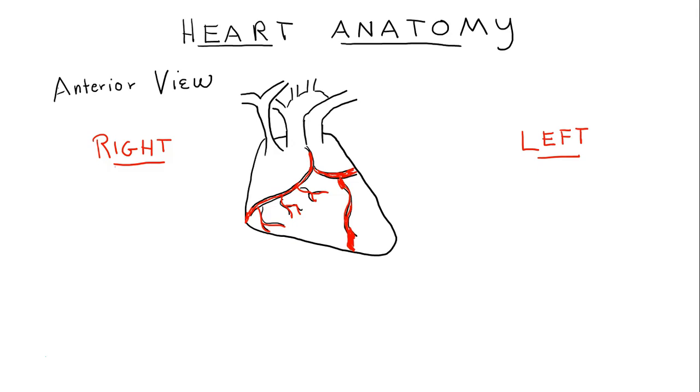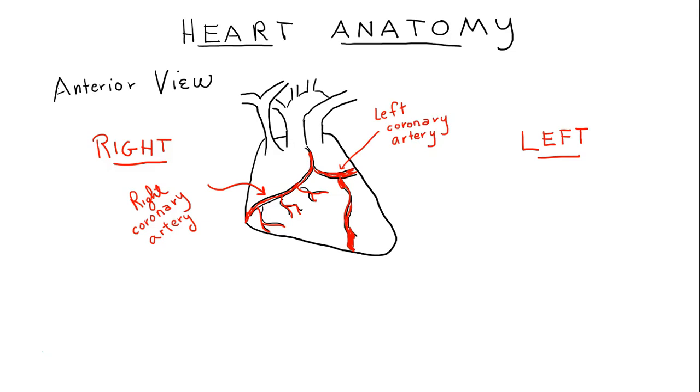Okay, so just keep that in mind. So we've drawn the coronary arteries, and so we're labeling them the right and left coronary arteries. Now, coronary means crown, and so these arteries kind of circle the top portion of the heart like a crown.